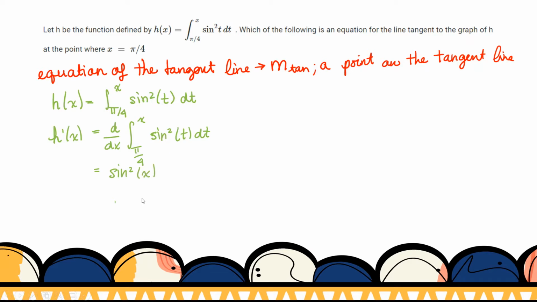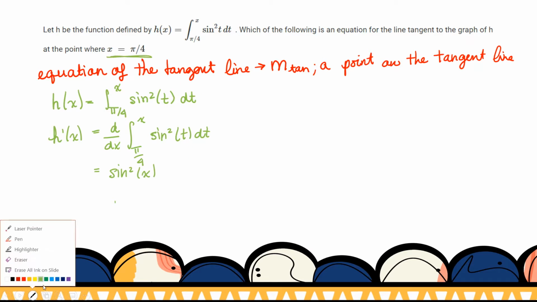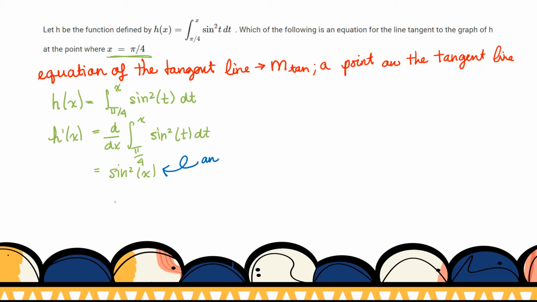So now we want to evaluate this at the point where x equals pi over 4. Because this is an equation that gives you the slope of the function at every point, and we want to find the slope at one point, I'm going to find the slope at x equals pi over 4.